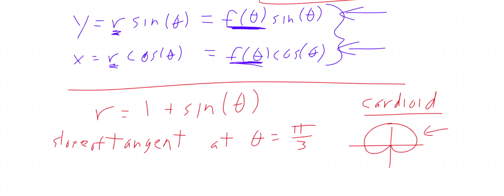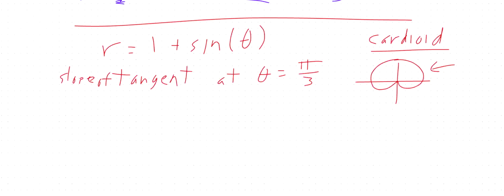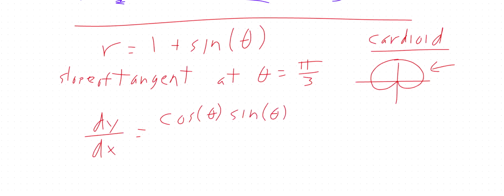So let's use our equation that our dy/dx is going to be the derivative of r, which is going to be cosine, times sine, plus r times the derivative of sine, which is cosine.